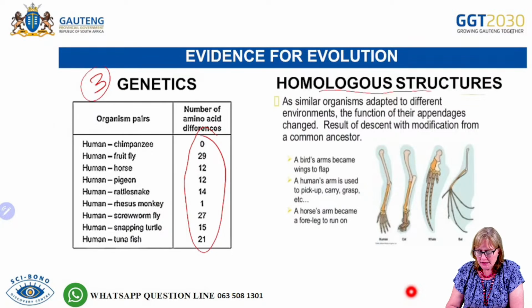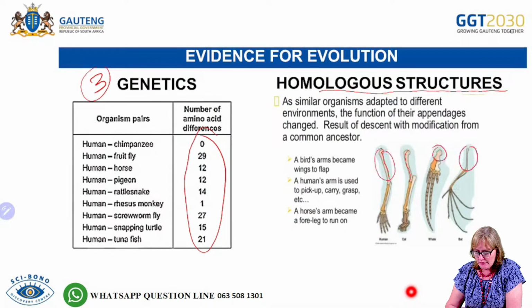And homologous structures are like, for example, the most famous one is the arm of our arm, for example. If you compare it to a cat, a dog, a bat, a whale, you'll see that it's exactly the same bones, but the bones are now different. Look at this one here and compare it to this one there, and it changed through the years.